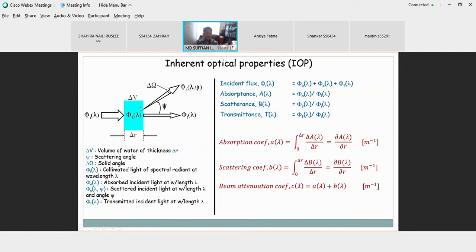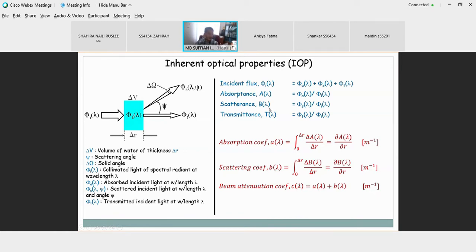And then some will be scattered at the scattering angle. So the fraction of light scattered is known as a scatterant. That means the ratio between phi S, cahaya yang di-scatter, bagi dengan phi I, incident light. Ini kita sebagai scatterant.